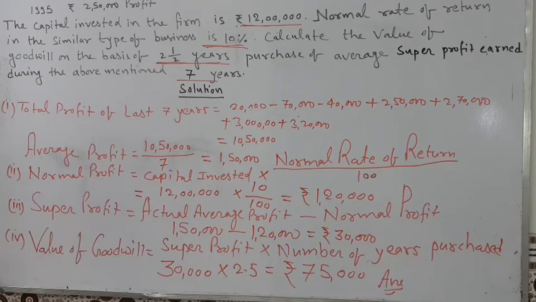Super profit is equal to actual average profit minus normal profit. 1,50,000 minus 1,20,000 is equal to 30,000. In 4, value of goodwill is equal to super profit into number of years purchase. Super profit is 30,000 into 2.5 is equal to 75,000.